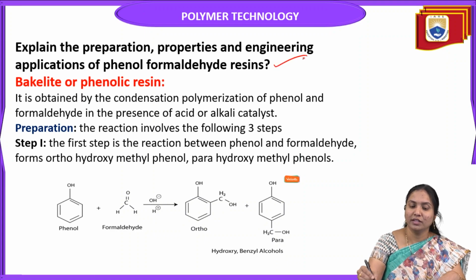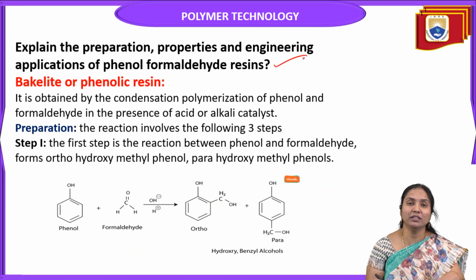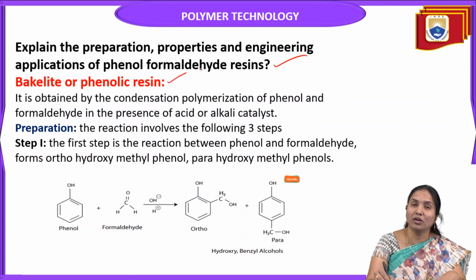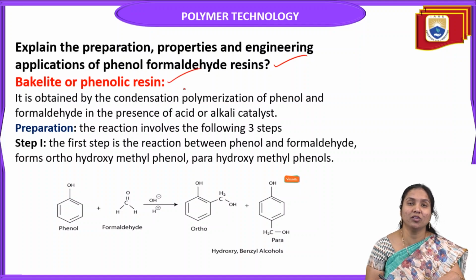And the next question is, explain the preparation, properties and engineering applications of phenol formaldehyde resins. Here bakelite is also called phenolic resin or phenol formaldehyde resin. It is obtained by condensation polymerization.